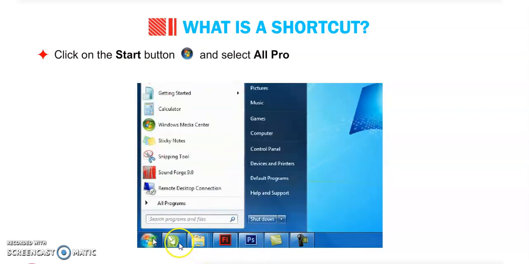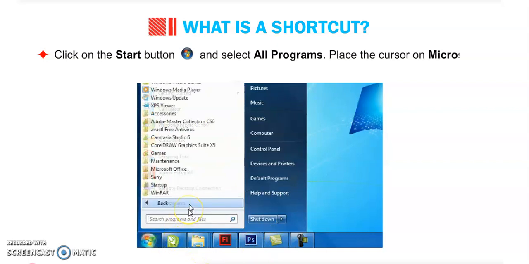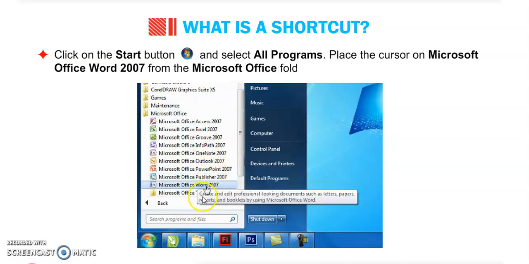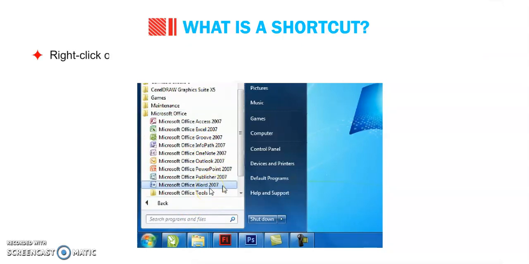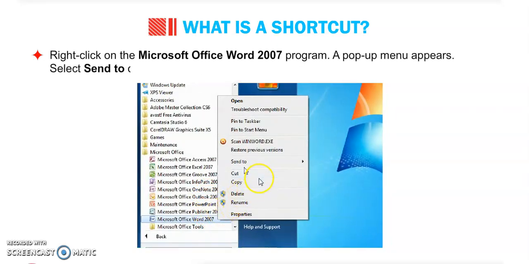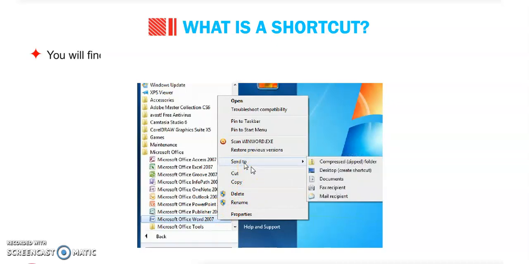Click on the Start button, then select All Programs. Place the cursor on Microsoft Office and select MS Word 2007 from the Microsoft Office folder. Then right click on that Microsoft Office Word program and a pop-up menu will appear. Then click on the Send to option. You will find another cascading menu.